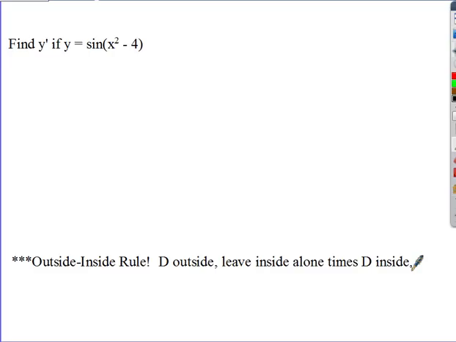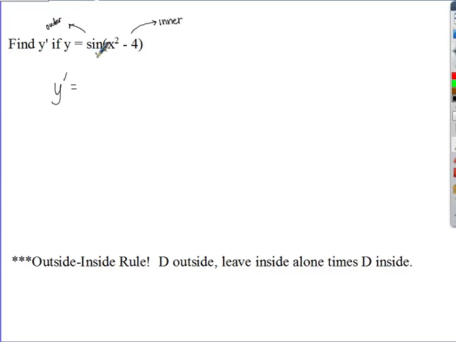So if we go back to this example that I gave you earlier, I said find y prime if y equals sine of x squared minus 4. So y prime would be, what's the inside function, what's the outside function? Well, hopefully you can see that this would be the inner function, x squared minus 4, and sine is going to be our outer function. So, according to the chain rule, derivative of the outside.